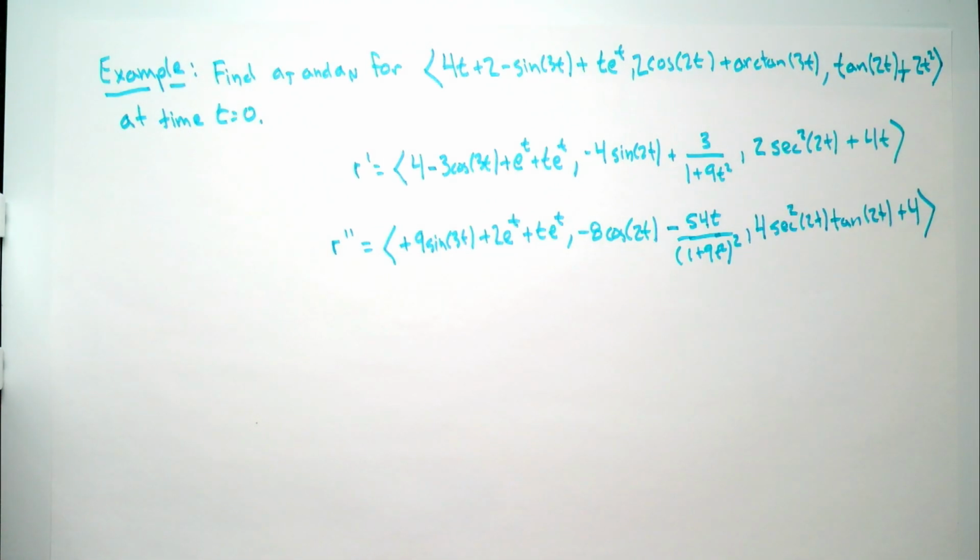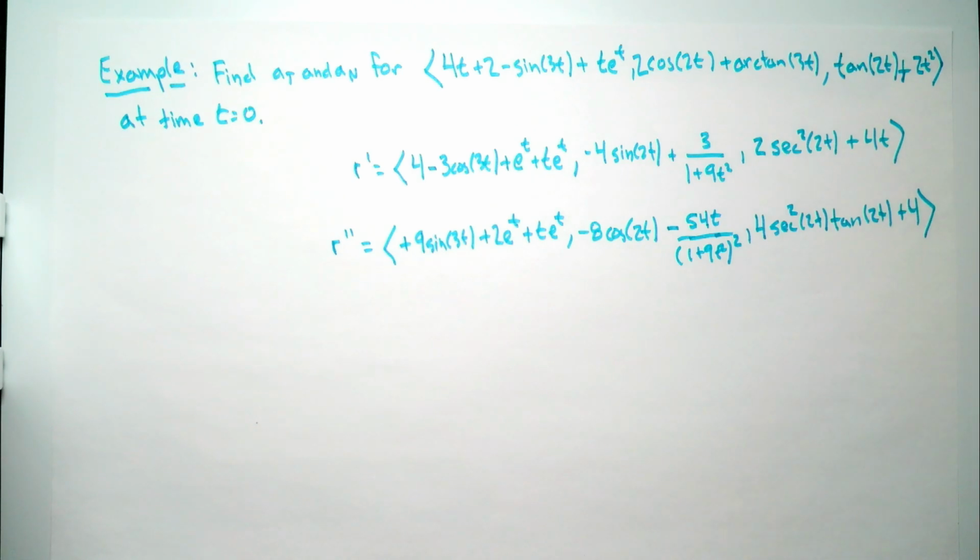Now again, if we were applying either approach, at this point it seems kind of hopeless, because there's r prime dot r double prime, and there's r prime cross r double prime if we're doing geometric. Oh, that looks atrocious. On the other hand, if we're doing algebraic, we have to find the magnitude of r prime, take its derivative. We have to find the magnitude of r double prime squared. And this is just nuts. How can we do it?